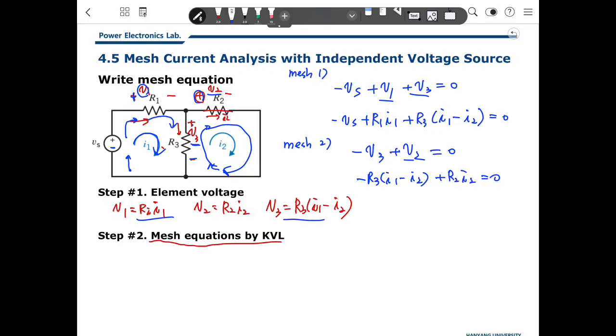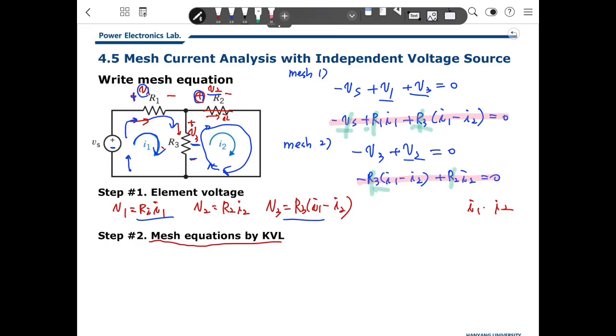Then how many unknown variables are there? Because we define two meshes, we have two unknown variables, I1 and I2. And how about the equations? We got these two, because R1, R2, R3 and Vs are parameters in the circuit.